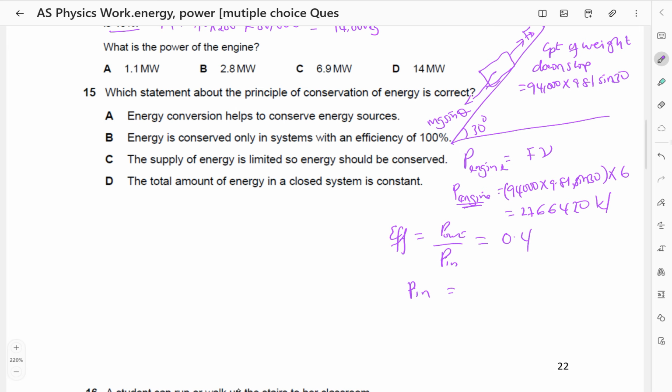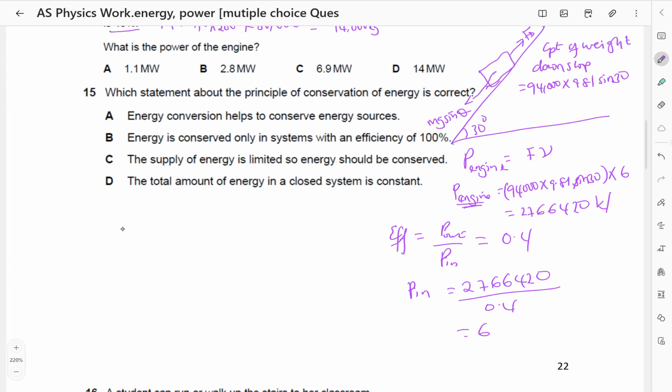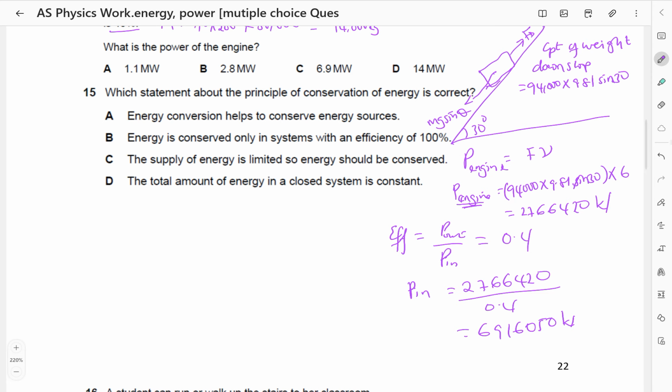So the power input, making P in the subject, is going to be 2,766,420 divided by 0.4, which gives us 6,916,050 watts. So that is 6.9 megawatts. So it means our answer is going to be C.